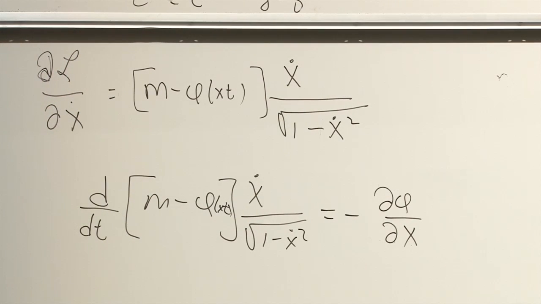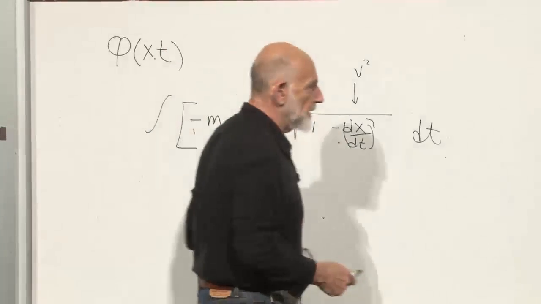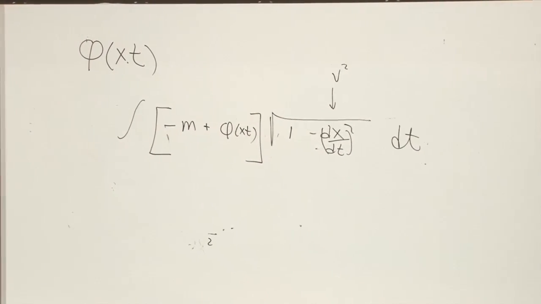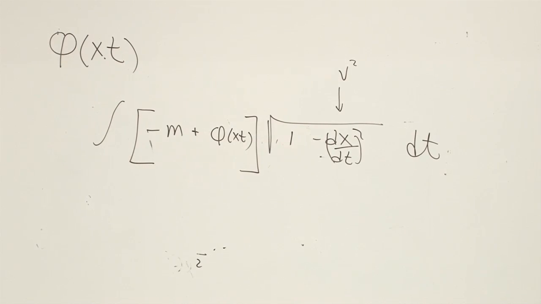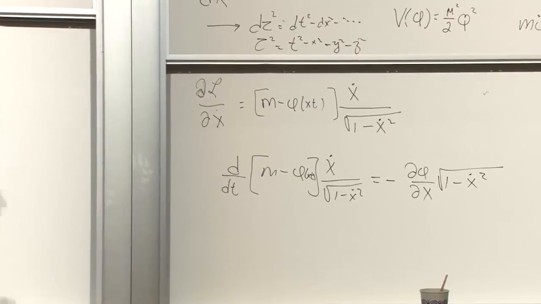We're differentiating the Lagrangian with respect to x. Here's the only place that x appears. But this thing multiplies the square root, so the square root is still there: the square root of 1 minus x dot squared. That's it. That's the equation of motion.